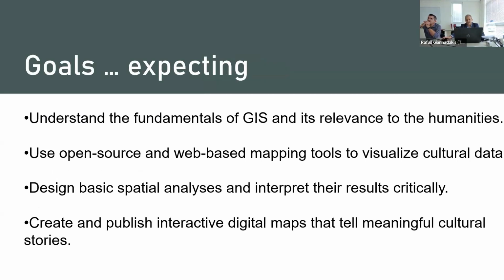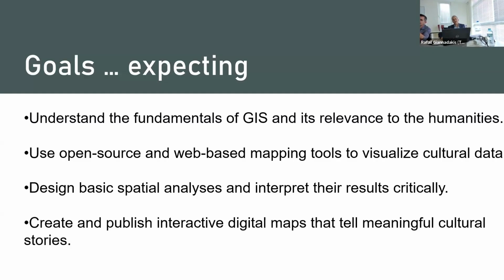So we will start with a small introduction, and the goals we expect are to understand the fundamentals of GIS, to try to make a relevance to the humanities, and also to show how we use open source and web-based mapping tools, because the main tools are two, ArcGIS and QGIS, in order to visualize some cultural data or other data like linguistics data that you are used to using more often.